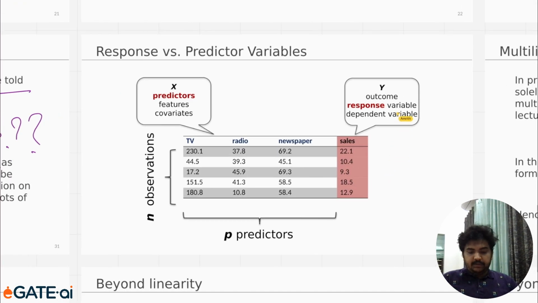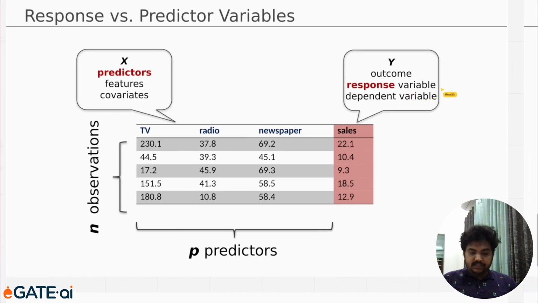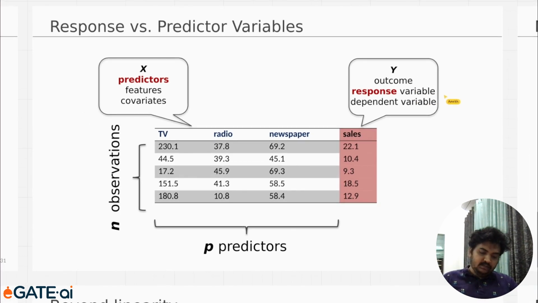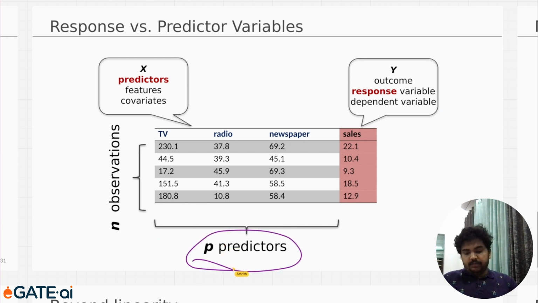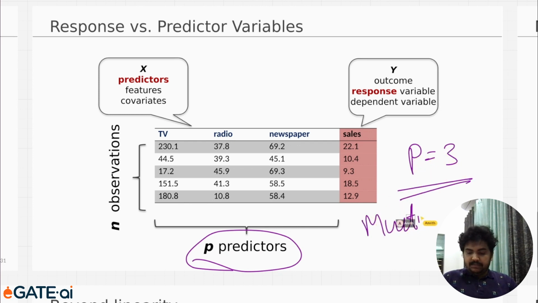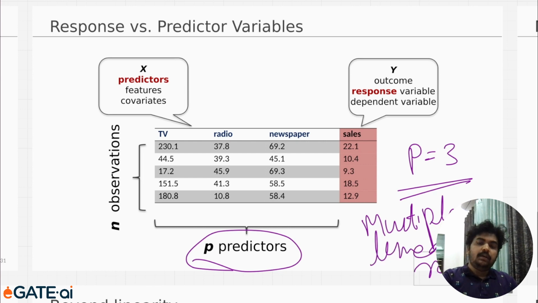So we come back to our original formulation of the advertising dataset where we have n observations and p predictors. So far we were looking at p equal to 1. Now we are looking at p equal to 3, making it a multiple linear regression problem because you have multiple predictors.